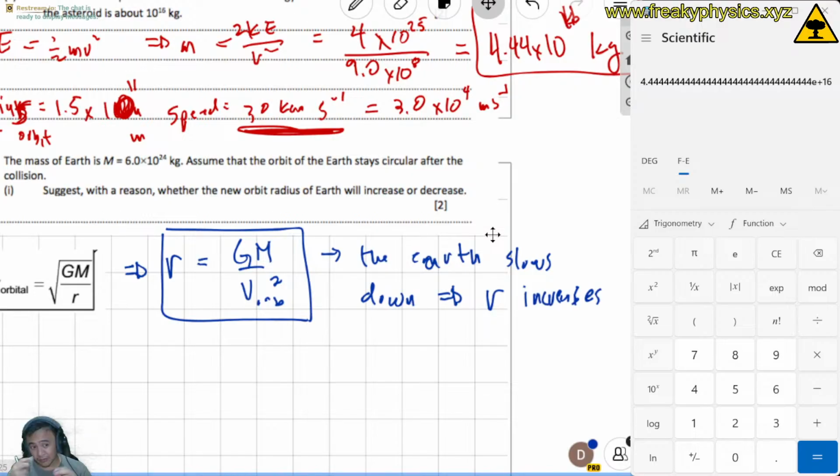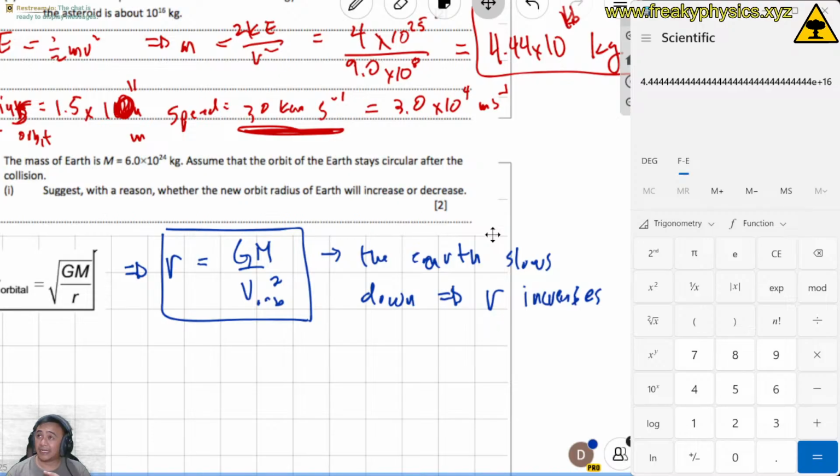So adding all of those together, if you just look at the Earth, asteroid, and sun system, then the energy of the Earth and the asteroid relative to the sun must stay the same. So what could happen is the kinetic energy will decrease and the potential energy increases.